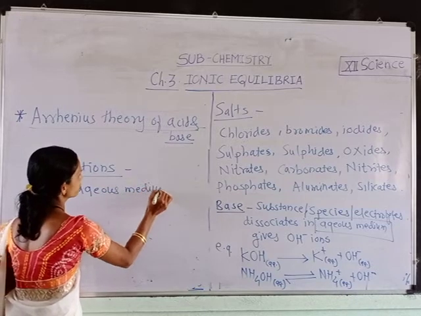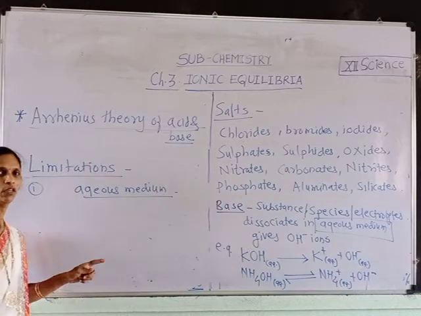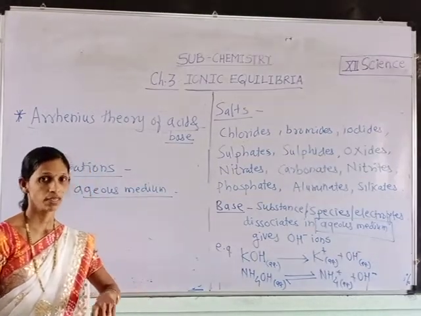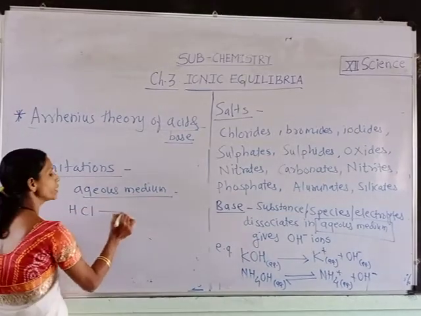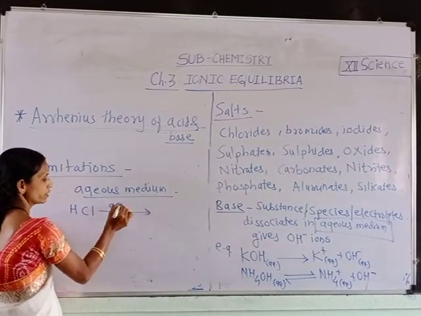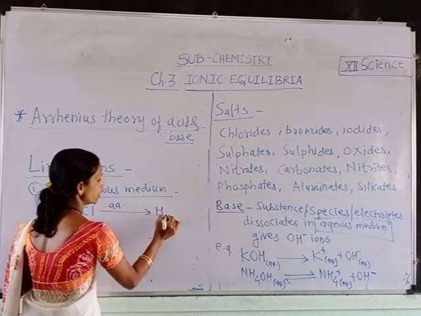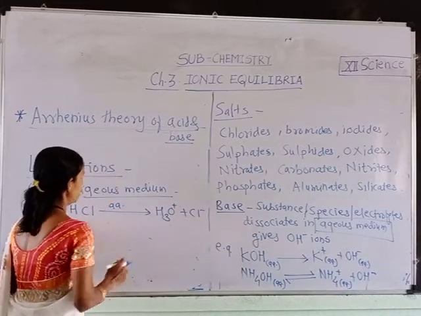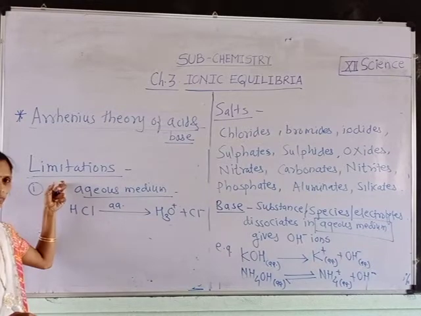Aqueous medium is considered to determine whether the substance is acid or base. For example, HCl when dissolved in water gives H3O plus ion, that is H plus ion, and therefore HCl is an acid.